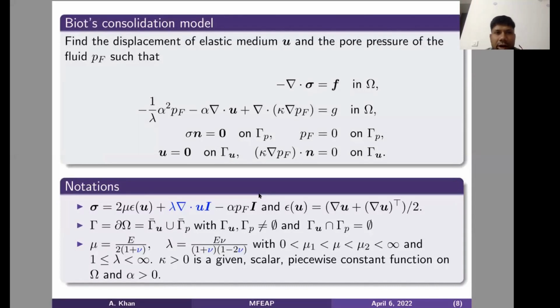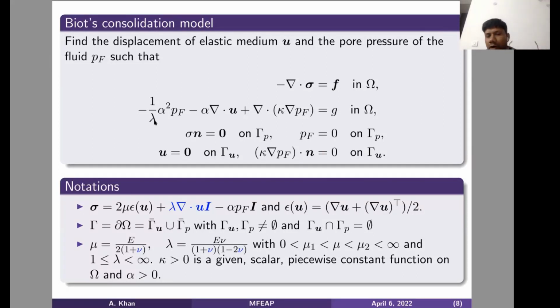So this is our Biot consolidation model, where we need to find the displacement of the elastic medium u and the pore pressure p_f, which satisfy this equation, where sigma comes directly from the elasticity part with coupling of the fluid pressure, alpha p_f, and alpha is the Biot constant.